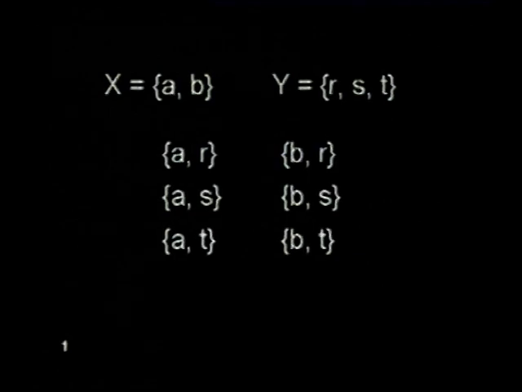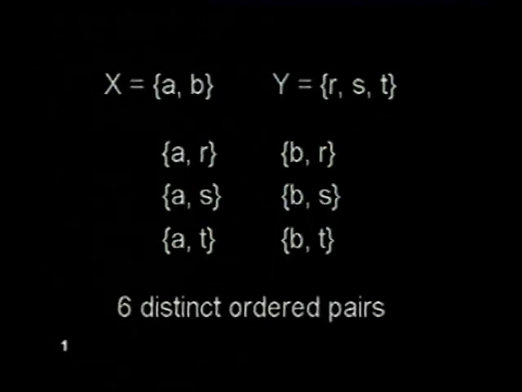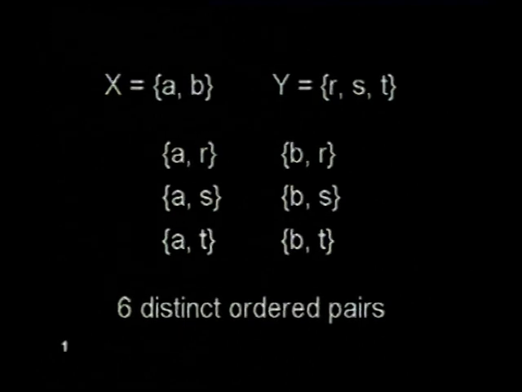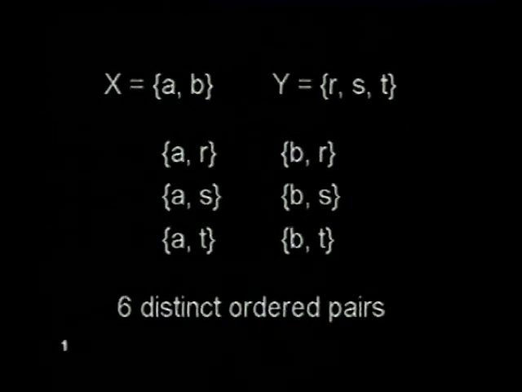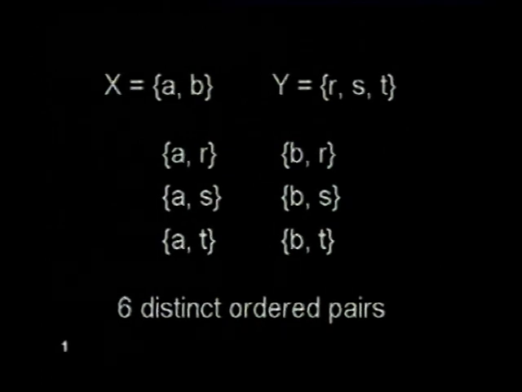This produces three more ordered pairs. Since there are no more elements in set X to use as the first member of the ordered pairs, the permutation is complete. The permutation of sets X and Y produces six distinct ordered pairs when the first member is chosen from X and the second member is chosen from Y.